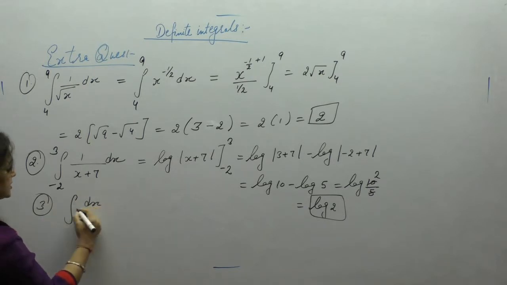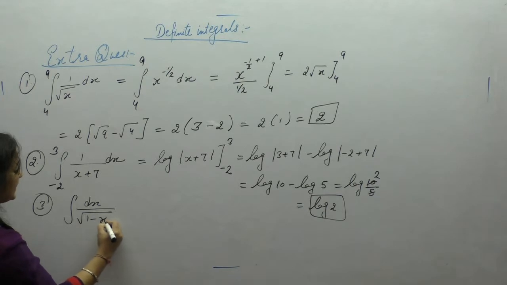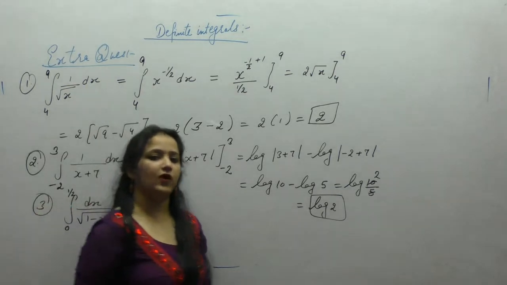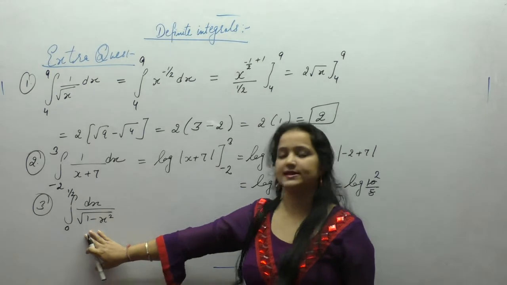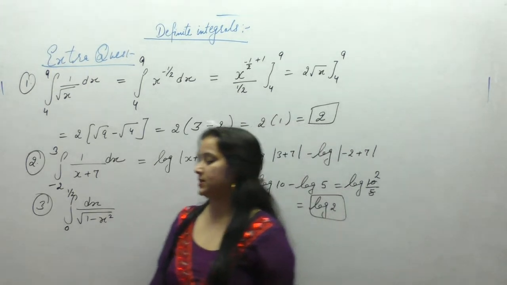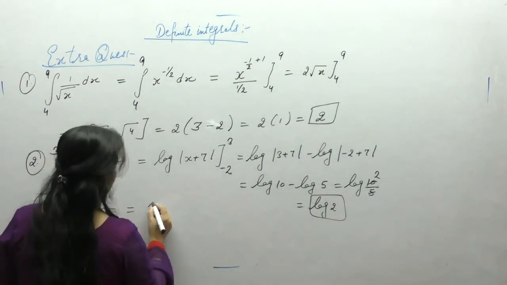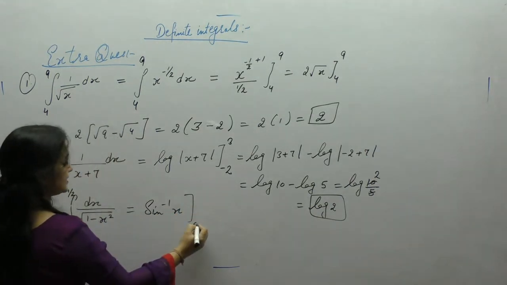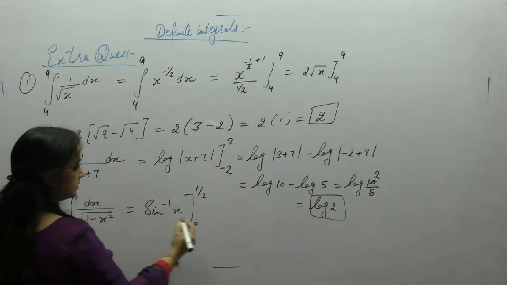dx upon square root of 1 minus x square and the limit is 0 to 1/2. Now integral of 1 upon square root of a square minus x square is sin inverse x upon a. a here is 1, so sin inverse x, 0 to 1/2.